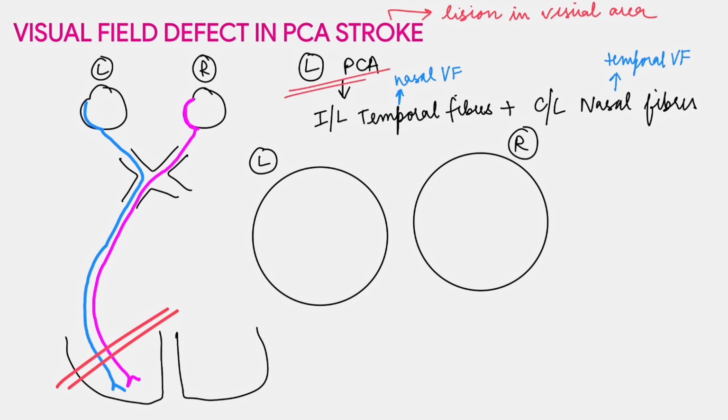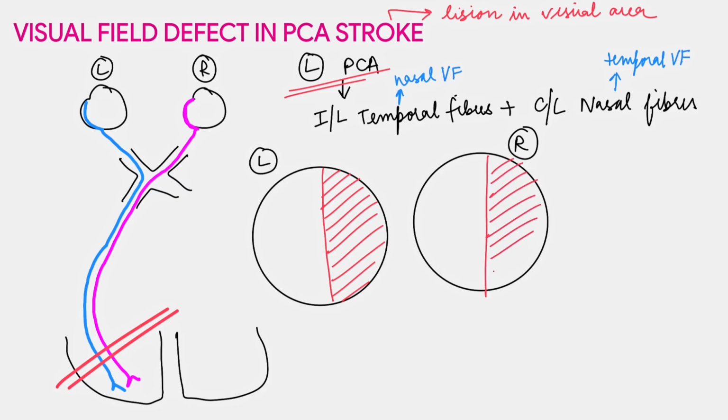So you'll have ipsilateral temporal fiber lesion, so you'll have ipsilateral nasal visual field loss, which should be here. Then on the contralateral side, you have contralateral nasal fiber lesion, so you'll have contralateral temporal visual field loss, which should be this one. Nasal field is towards the midline, and temporal visual field is towards the lateral side.